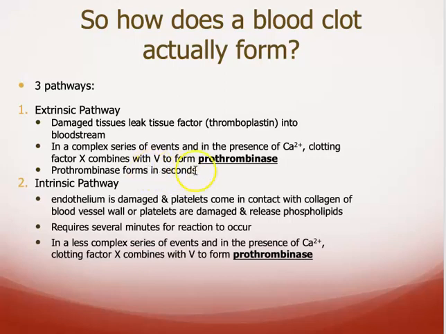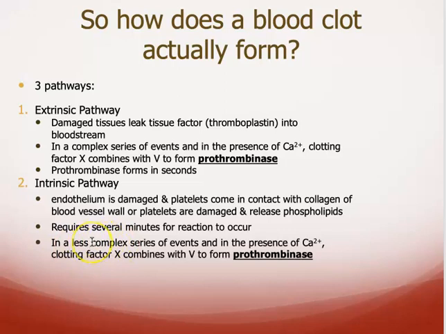It's very, very fast. So an extrinsic pathway, this is like you've cut your finger kind of thing. It quickly happens. The intrinsic pathway, on the other hand, can take several minutes. In this case, the endothelium, the inner wall of the blood vessel, is damaged. Again, those platelets come in contact with the collagen, and they will release factors that initiate platelet plug formation and fibrin thread formation.